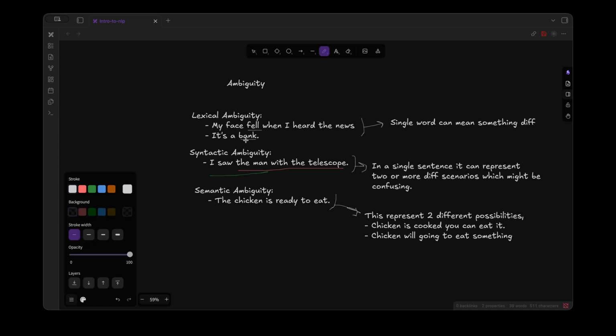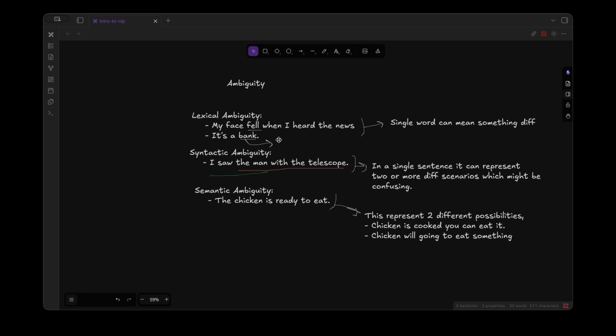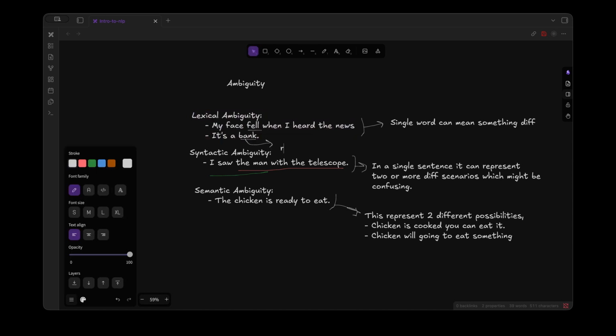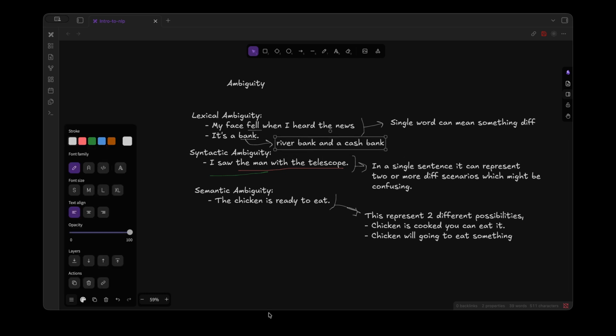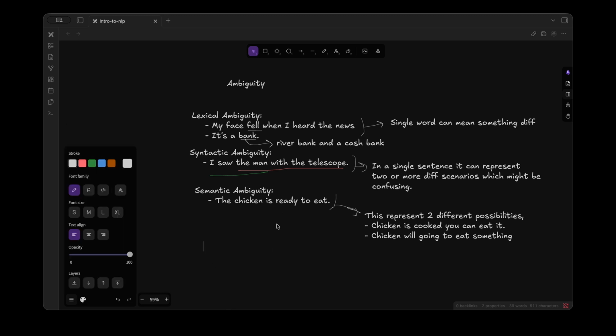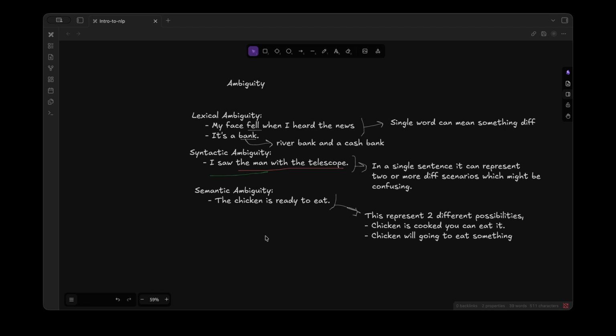There is a river bank and a cash bank, right? So this particular thing is called lexical ambiguity. This is the semantic ambiguity. This is the lexical ambiguity. This is the syntactic ambiguity. This is the semantic ambiguity.